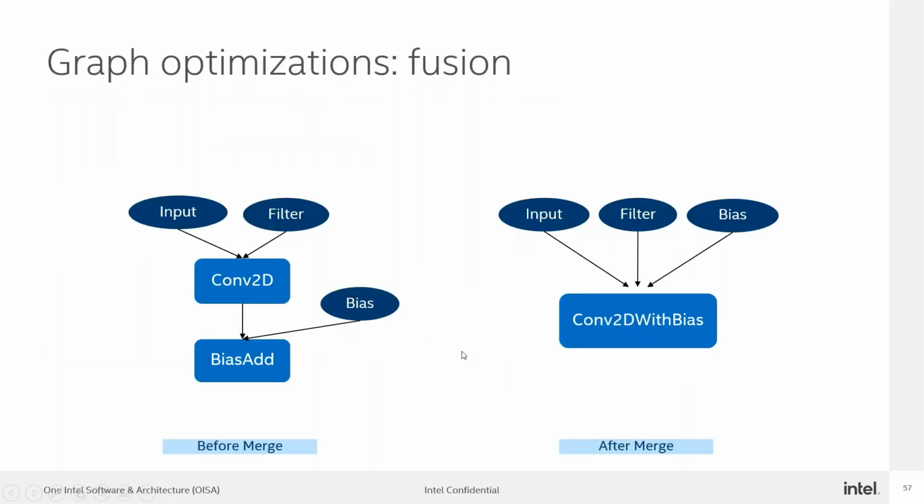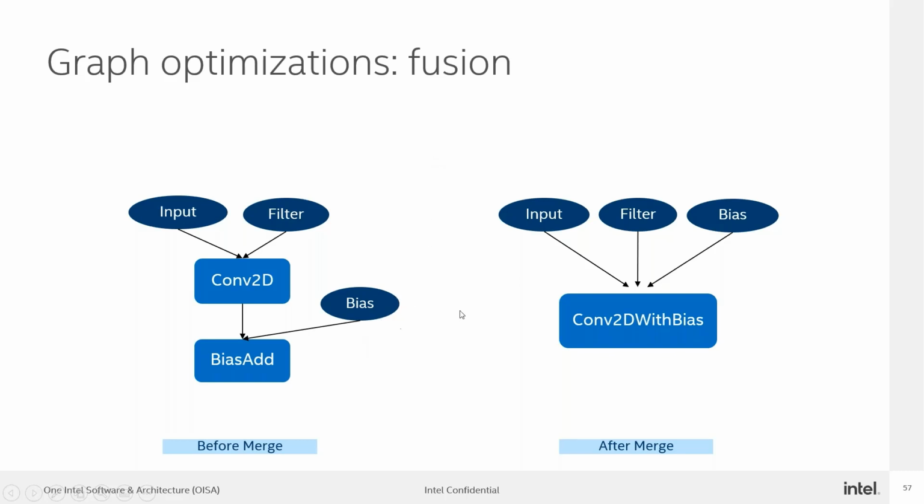Then moving to the next optimization, the graph optimization. The idea is that the lesser the number of nodes we have, the faster the flow will be. So we want to reduce the number of nodes, keeping the flow the same. Here fusion is used.